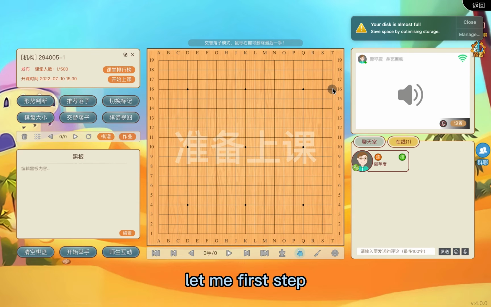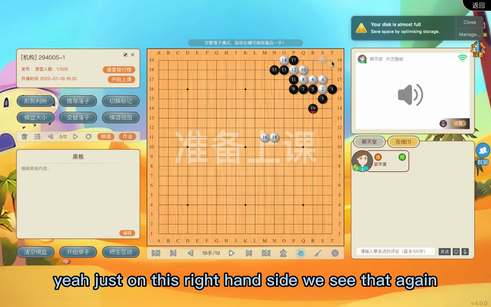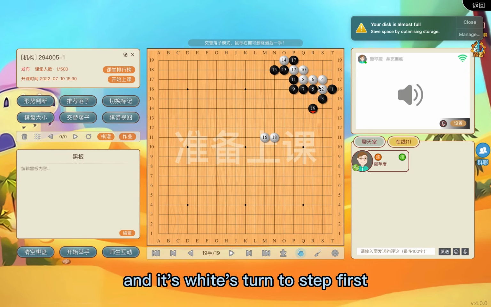Let me firstly step. Just on this right hand side, we see that again the white stones are surrounded by black stones, and it's white's turn to step first.